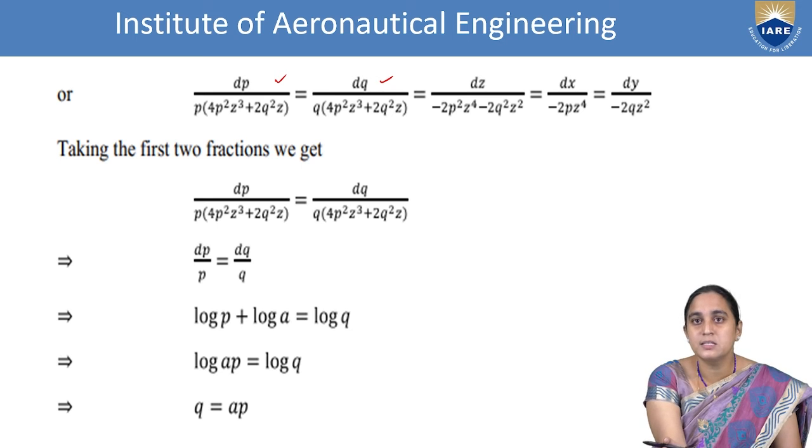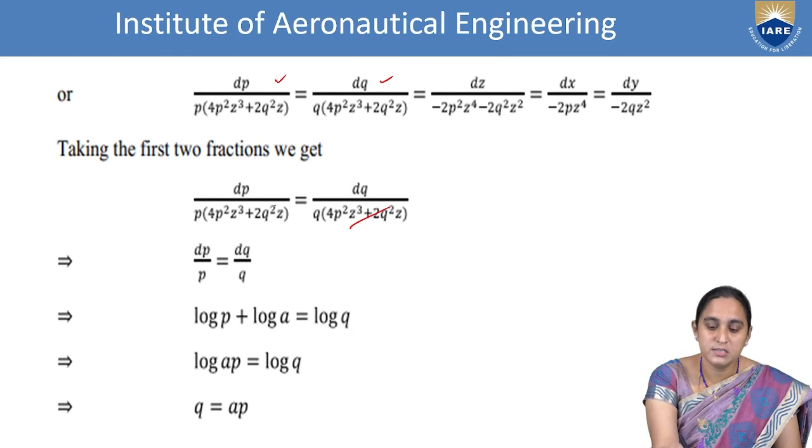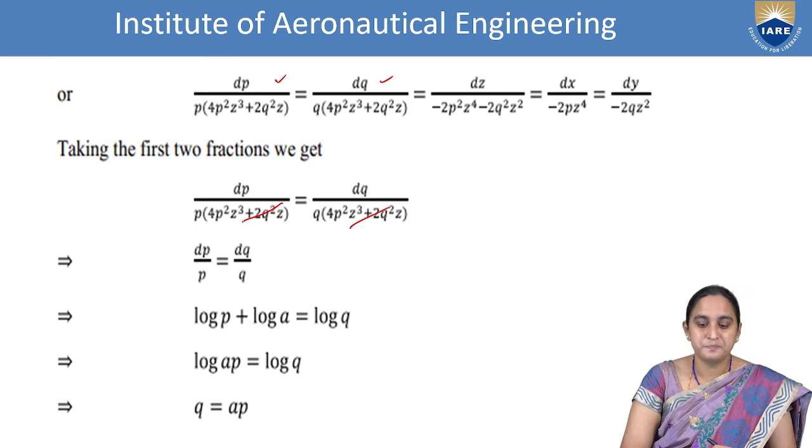That's why I'll take these two fractions from the auxiliary equations. Observe the denominator part as 4p square z cube plus 2q square z, and the LHS also has 4p square z cube plus 2q square z. Then on both sides these two are cancelled.